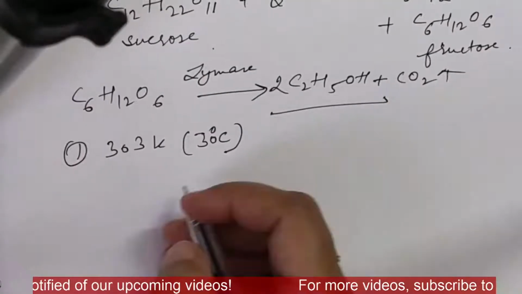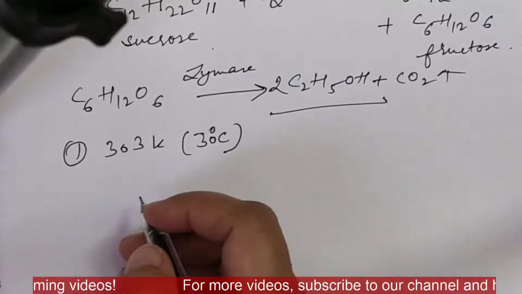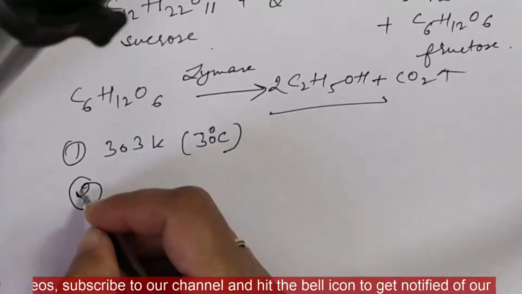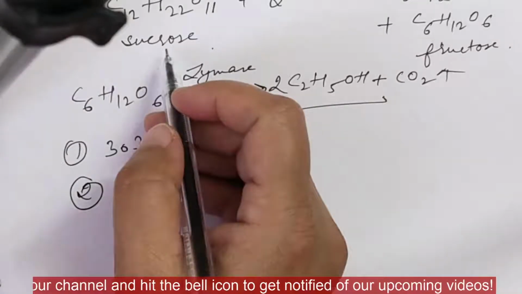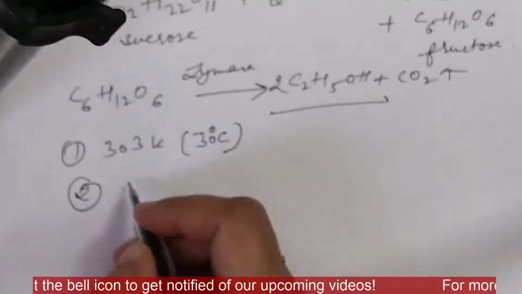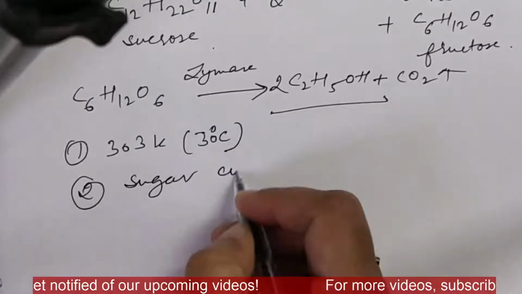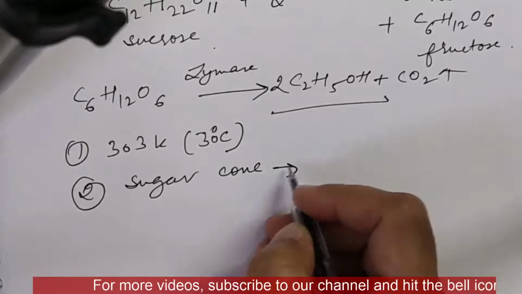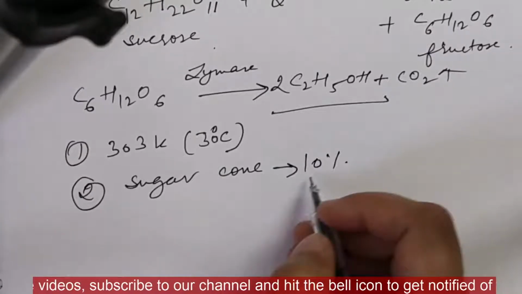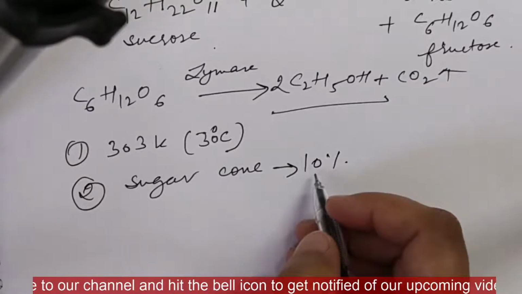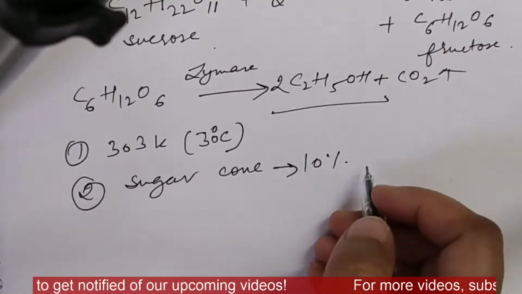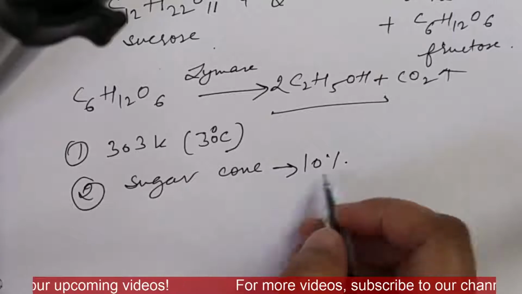The next point you have to keep in mind is the concentration of sucrose that is taken here. The sugar concentration should be not more than 10% m by m. This means that if you are taking 10 ml of sugar in 100 ml of solution, it should not exceed 10%.